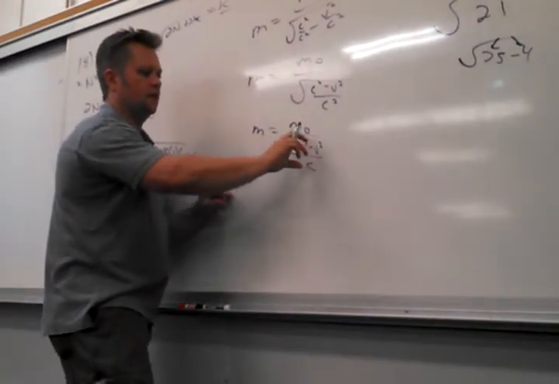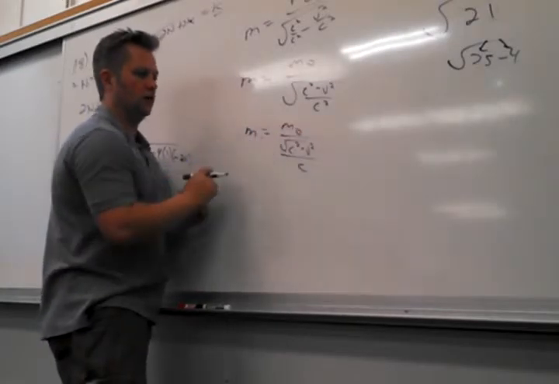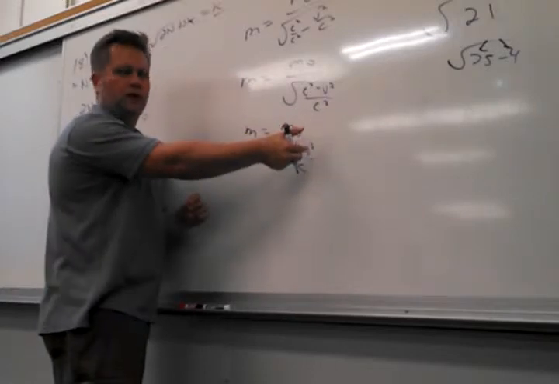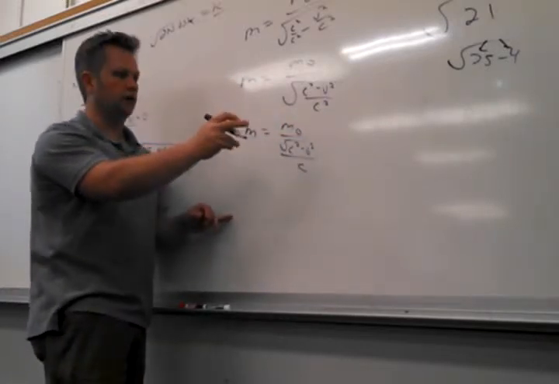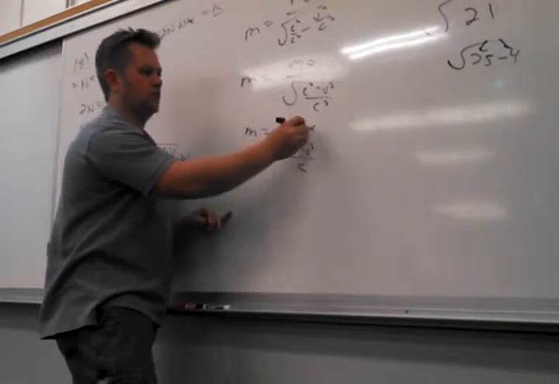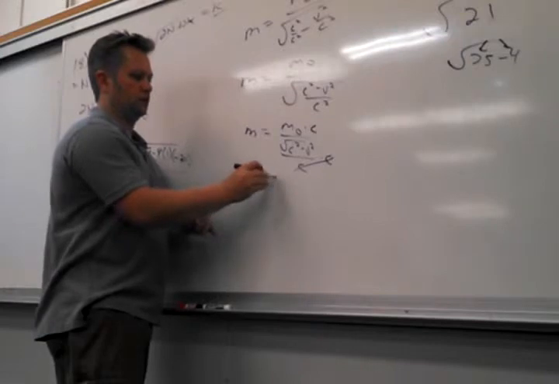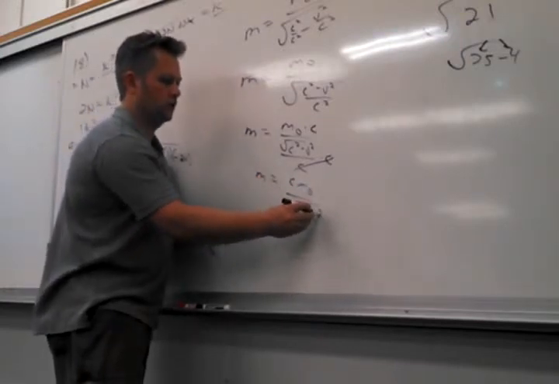I'm not going to spend a ton of time on this. I've already spent more than I want to. But if I multiply by the reciprocal, then that's one way to make this not complex anymore. We've done complex fractions before, right? So I could actually look at it as multiply the top by c, multiply the bottom by c. So then I don't have a complex fraction anymore. I got c m over the square root of c squared minus v squared.